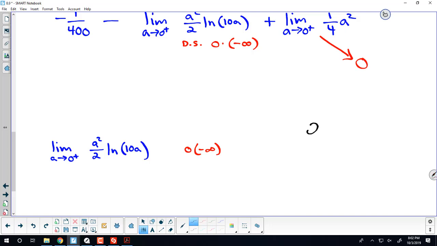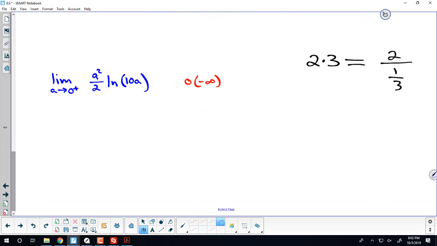So how would I write this equivalently as involving a quotient? 2 divided by 1/3 is an equivalent representation of 2 times 3. And we turn this product into a quotient.